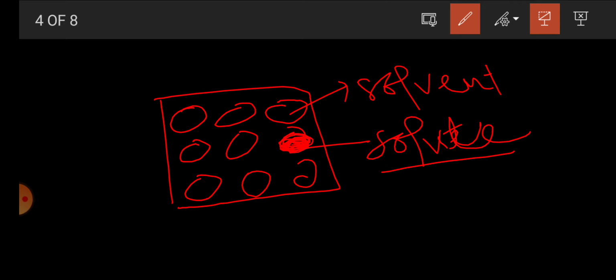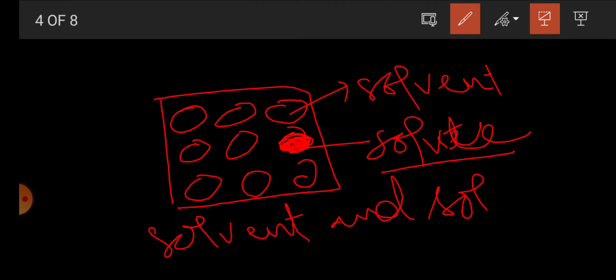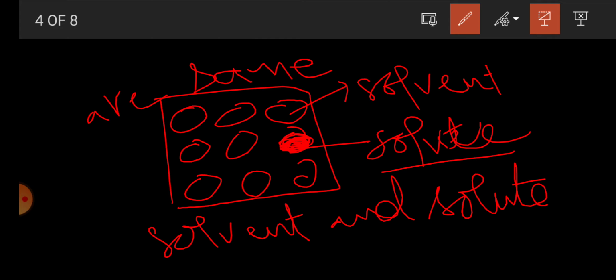So the size of the solvent and solute particles is the same, because one is taking the place of the other.